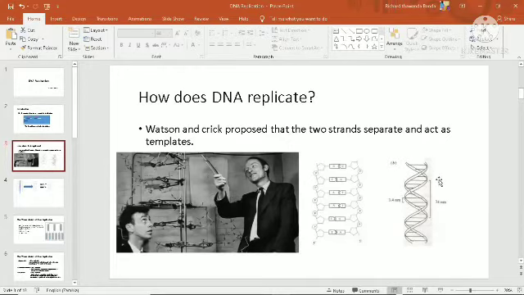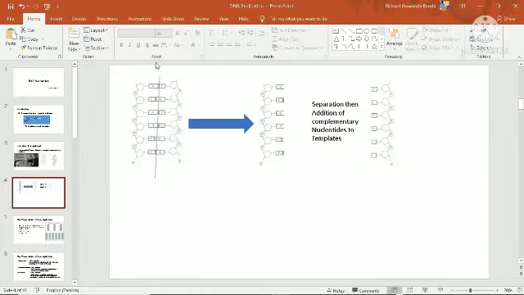So when they came up with this structure, they thought this structure must come together in a way. So there must be some sort of separation and then complementary base pairing to put it all together. They didn't really know how these bases separate, whether they break apart and then form.